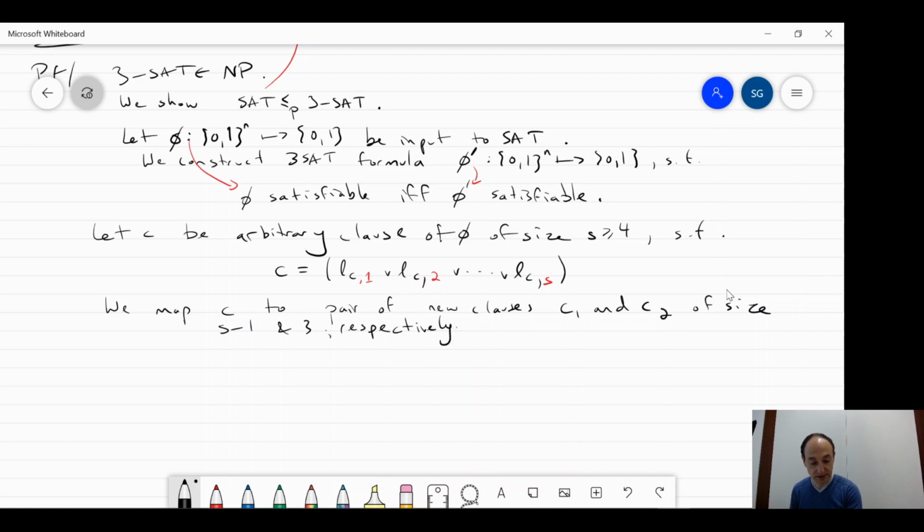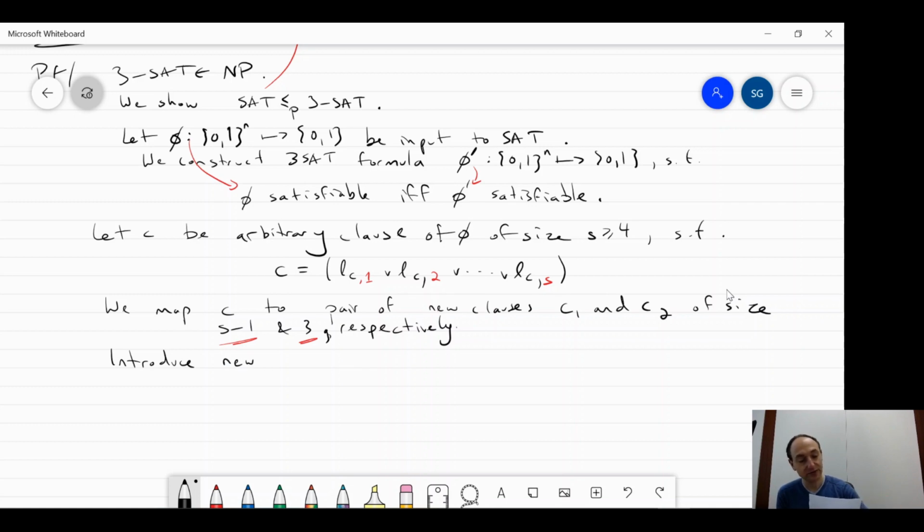So the 2 clauses I come up with, we're always going to shrink the size of the clause by 1, that's this s minus 1, and then we'll have one of size exactly 3, which is what we're going for. So how do you do this? Well, it's very cute, the trick. Every time you do this, you introduce a new variable.